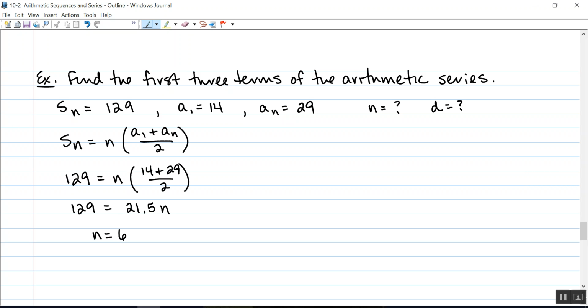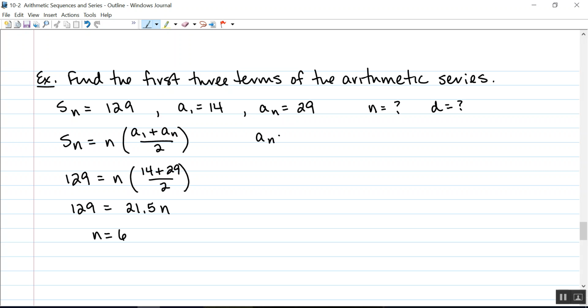Now I can use this to find my common difference. The reason I need to find the common difference is the problem's asking me for the first 3 terms. So I know what the first term is, but I need to know what to add to that to get my next term and my next term.